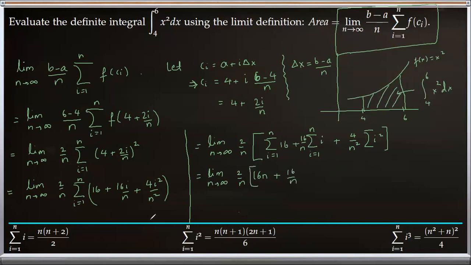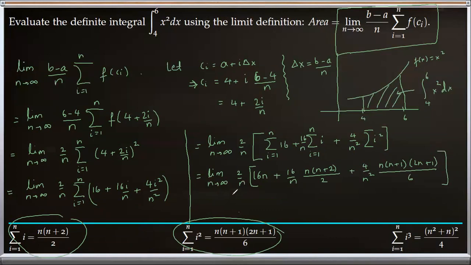And for the sum of i, we can apply this formula over here. So that will be n times (n plus 1) over 2, plus the next one, 4 by n squared. So we have the sum of i squared, we can apply that formula. So n times (n plus 1) times (2n plus 1) over 6.